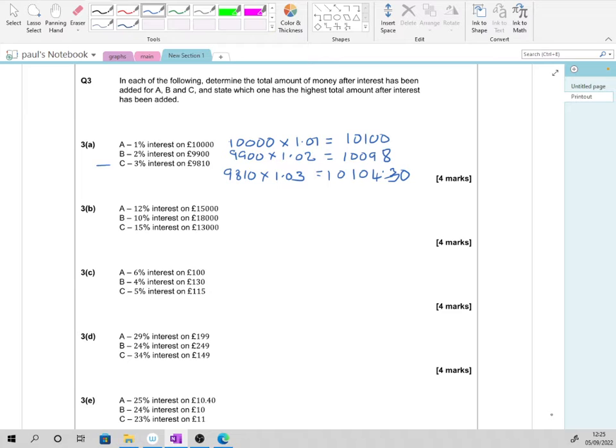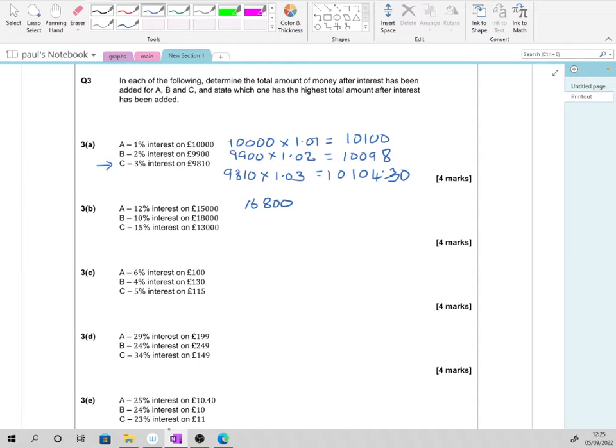Oh, look how much they're making us do. So 15,000 times 1.12 is 16800. Just doing exactly the same as the top. I'm not writing it down, yeah?